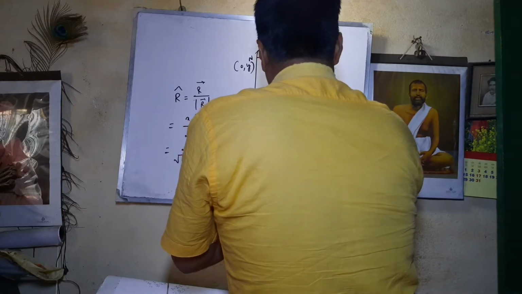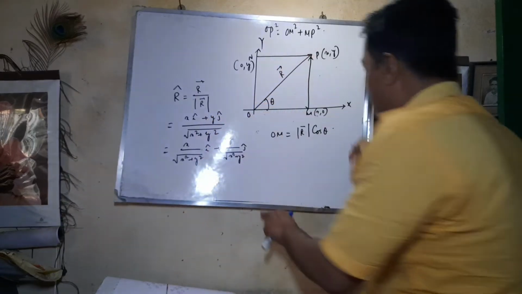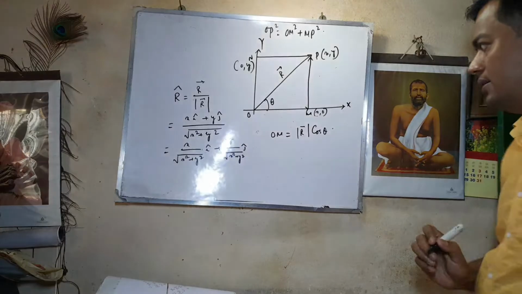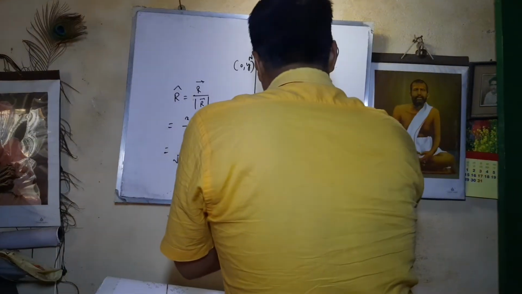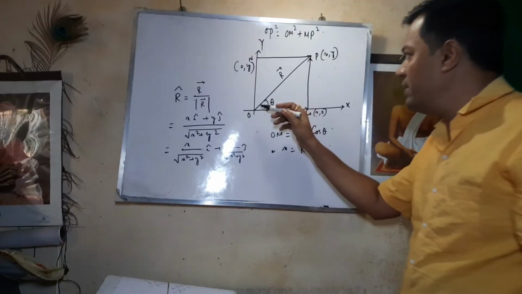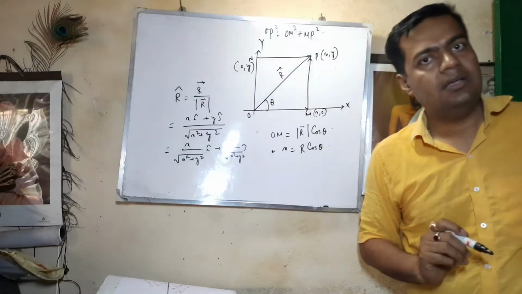So clearly it is OM. Now OM equals, you all see, modulus of r cos theta. That is, or x equals simply r cos theta. So the component of the vector along x axis is x equal to r cos theta.